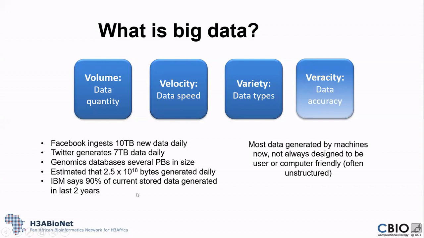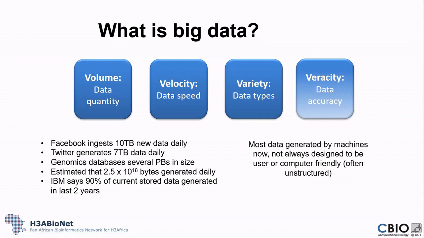It's estimated that overall data, all kinds of data, 2.5 times 10 to the 18 bytes are generated daily. And IBM has predicted that 90% of the current data that we have stored was generated in the last 2 years. So we've generated more data in the last 2 years than in many people's lifetimes. And the issue is that most data is generated by machines now.